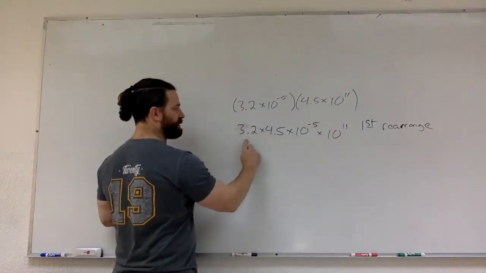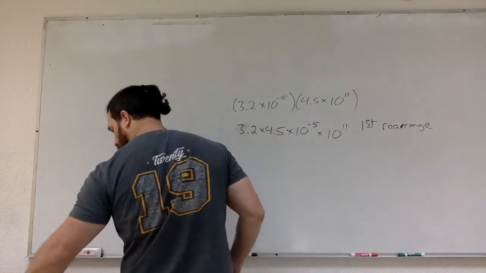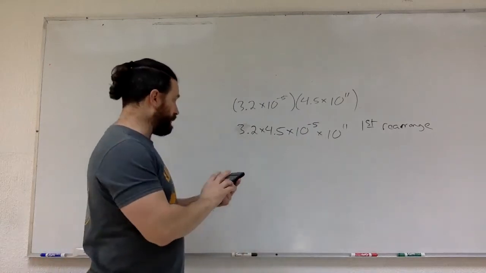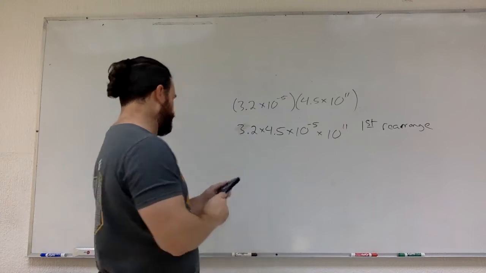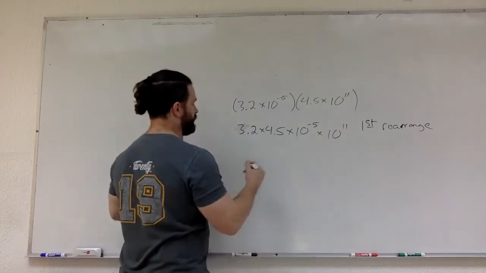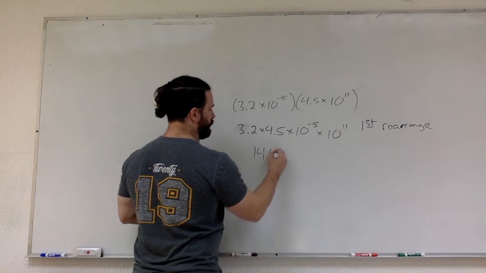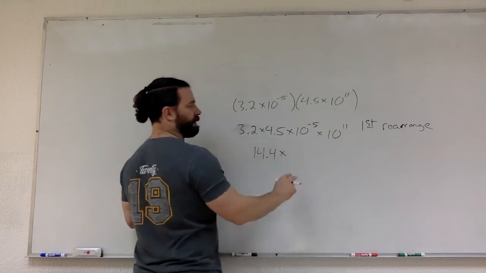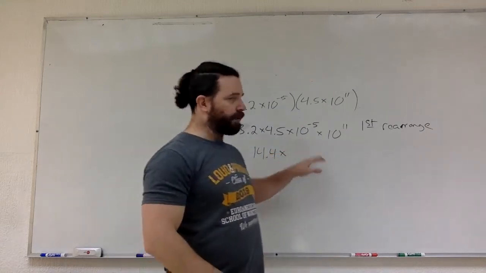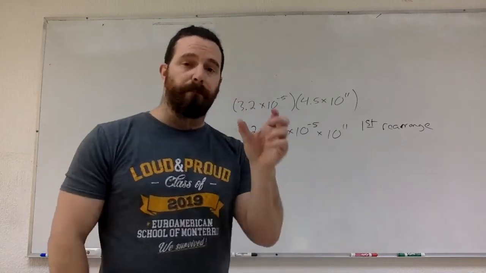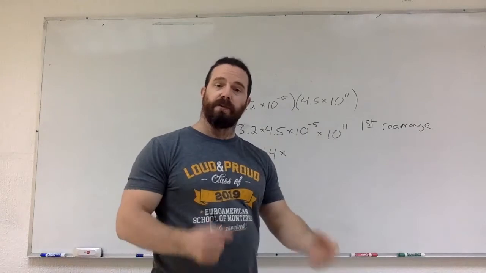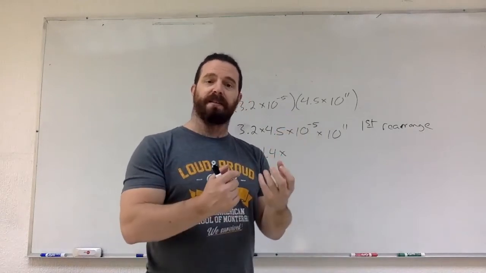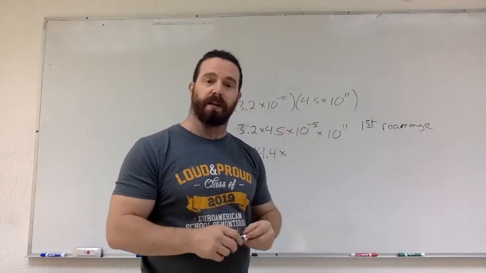So I'm going to multiply these two numbers first, 3.2 times 4.5. Go ahead and use a calculator for this so you're not wasting a bunch of time doing the multiplication. 3.2 times 4.5, I'm going to get 14.4. So this is 14.4 times, now, the rule of multiplication is as long as the bases are the same, and they are, 10 and 10, if you're multiplying the same bases together, you're allowed to add their exponents.